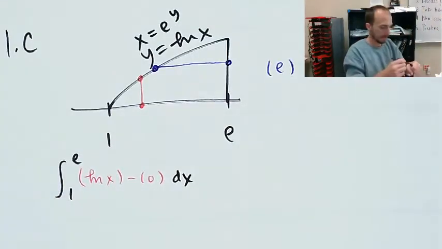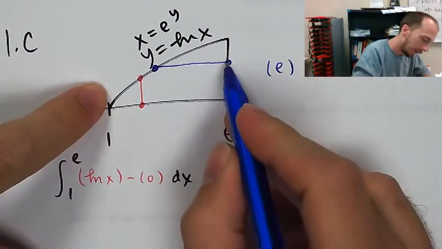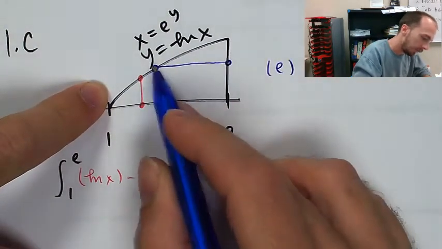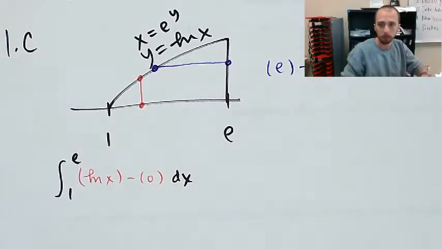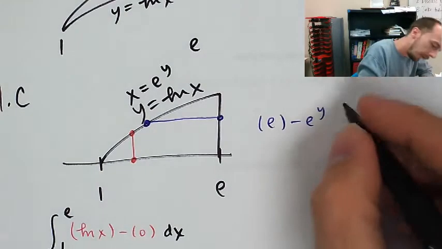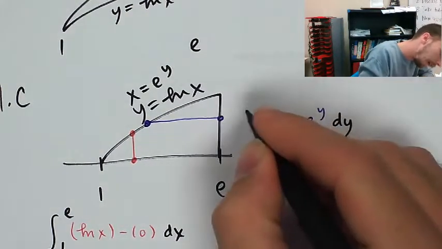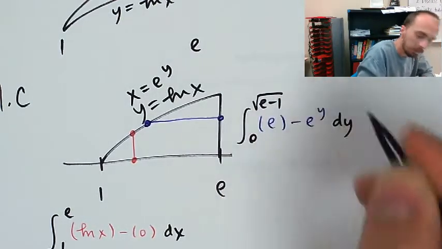So on the right, x equals e, and on the left, I have x equals e to the y. And then I can integrate this as y goes from 0 to the square root of e minus 1, for the same reason as before.